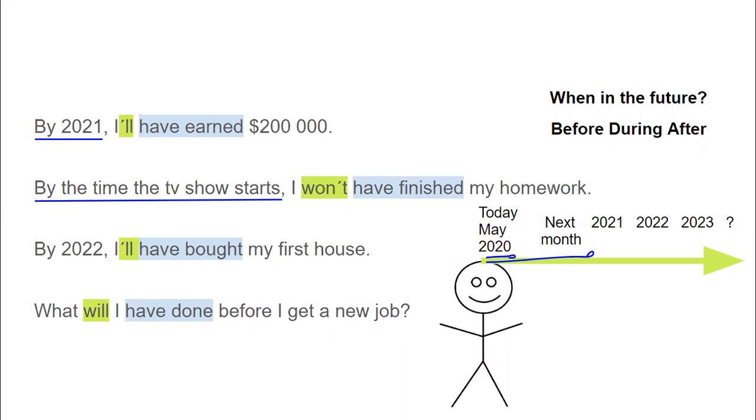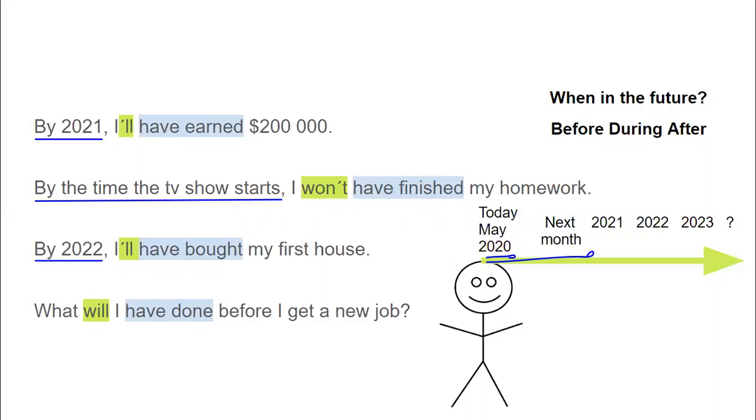Next sentence: by 2022, I'll have bought my first house. So here we have a time expression specified, by 2022, and the action, I'll have bought my first house.